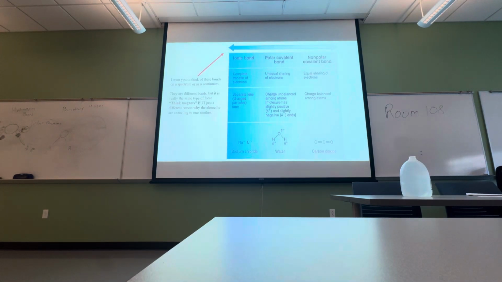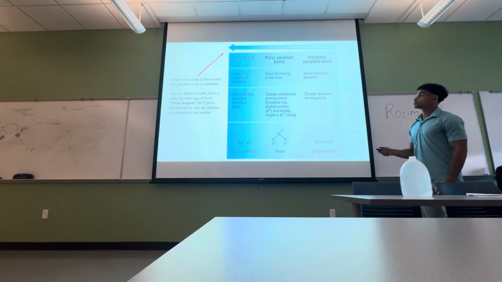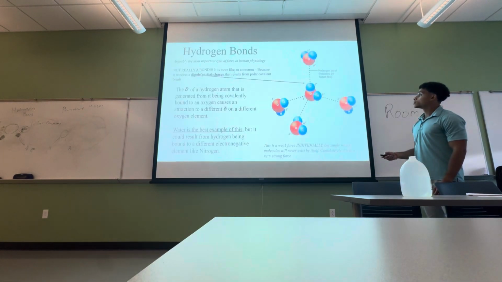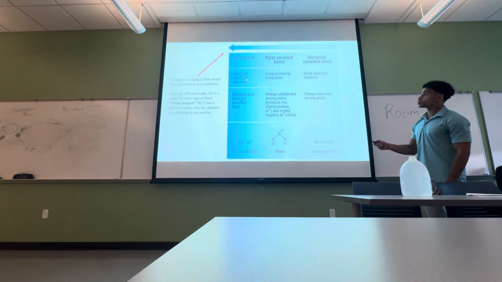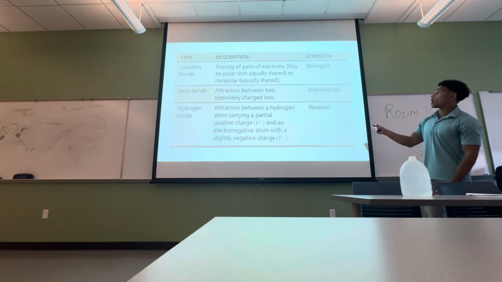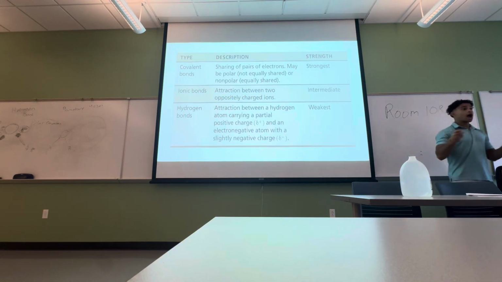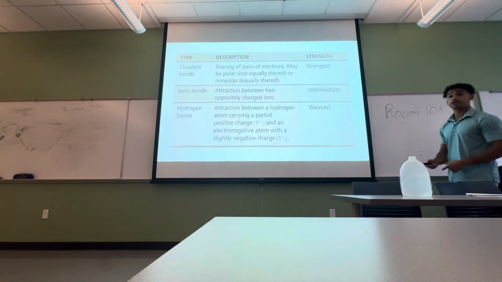Now, here are the strengths. Ionic bond is in the middle strength. Do I have this strength even on here? Yeah, okay, they're here. So ionic bonds are sort of the intermediate, hydrogen bonds are the weakest, and covalent bonds are the strongest type of bond that you can have. However, you all know why hydrogen bonds are the weakest, right?